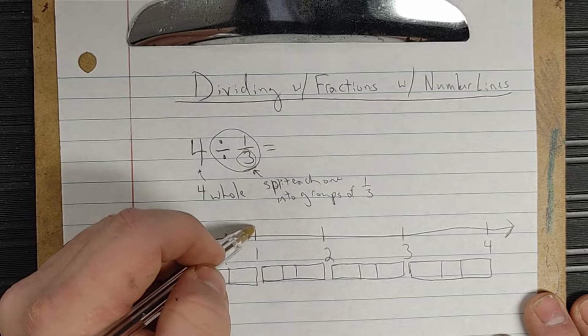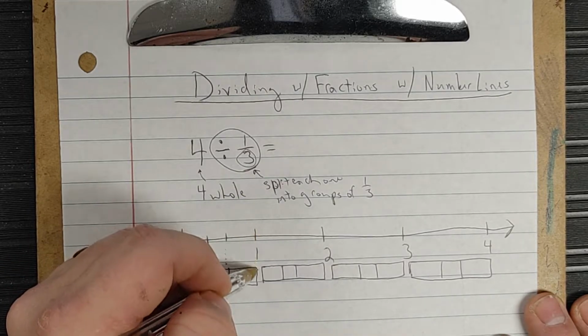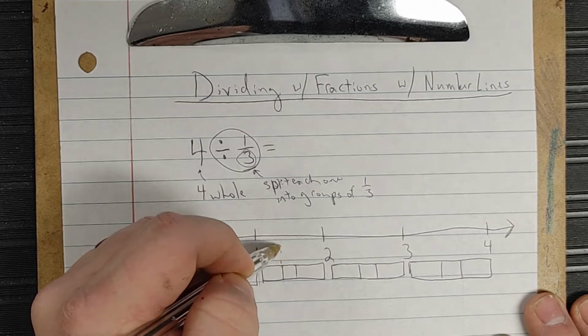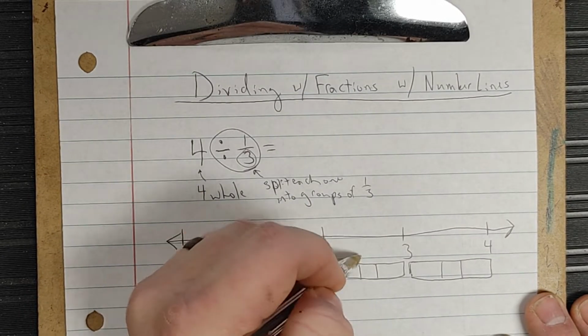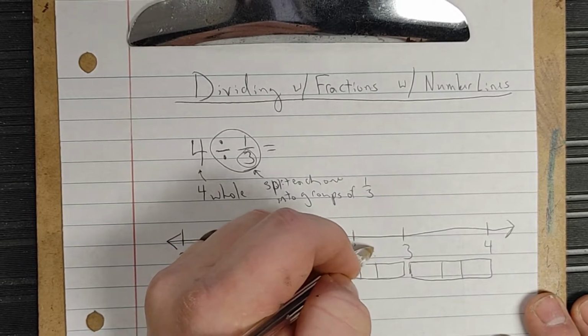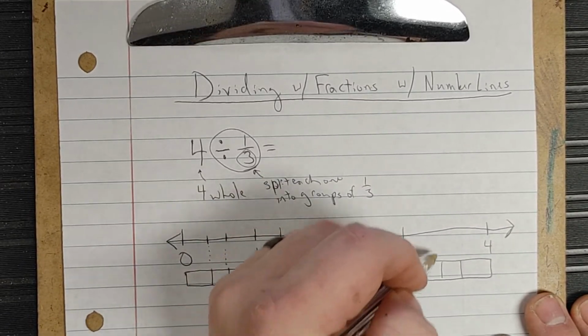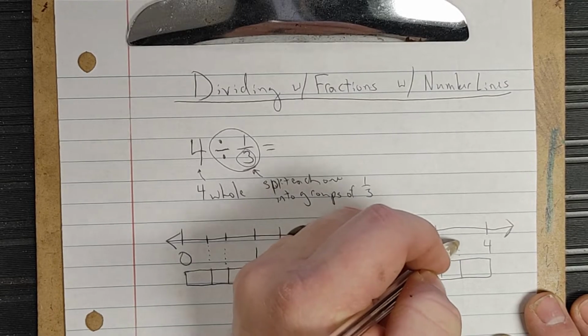So there's my 0 to 1, and right above it are my third marks, and the same above each of the other wholes.